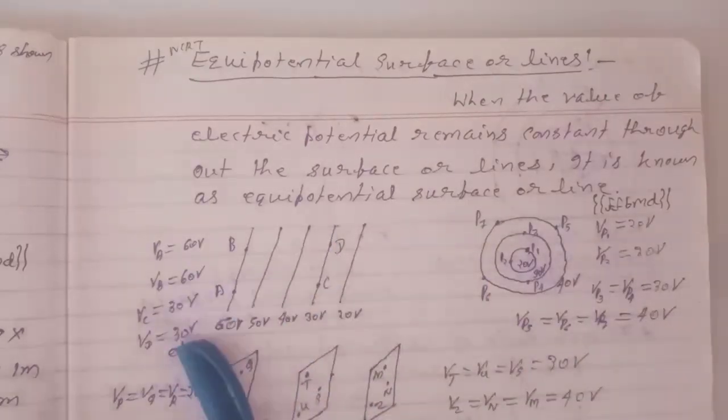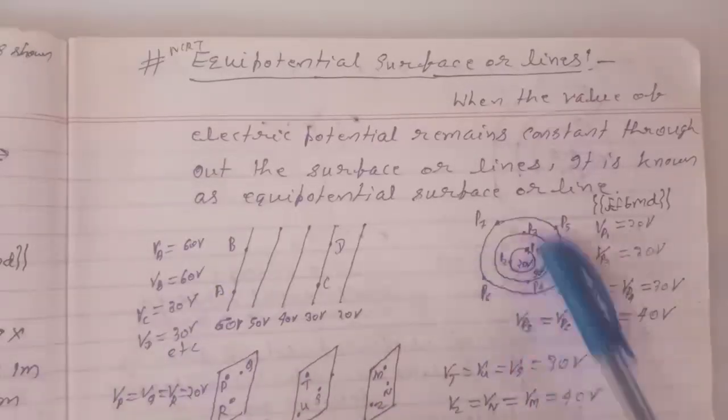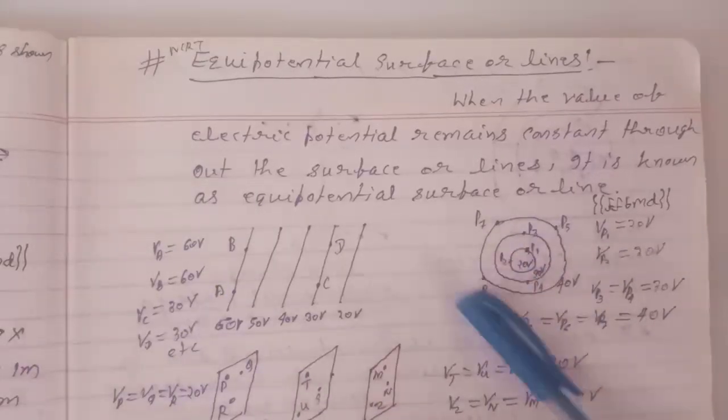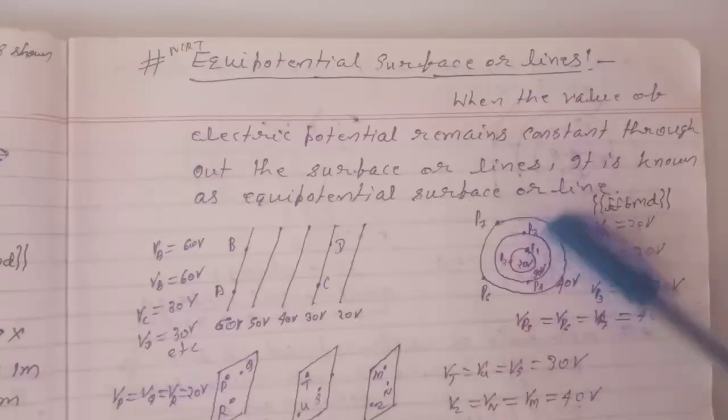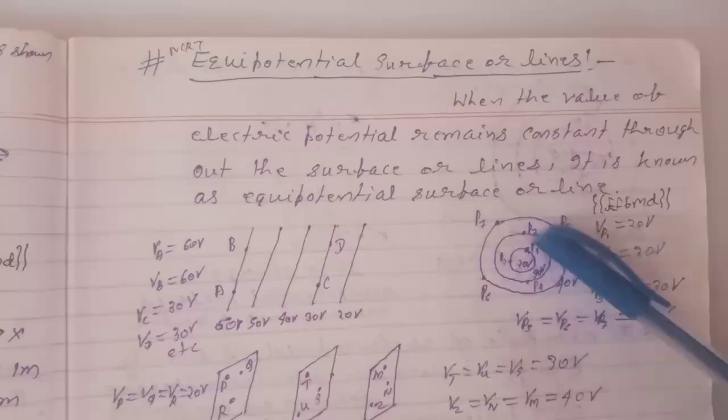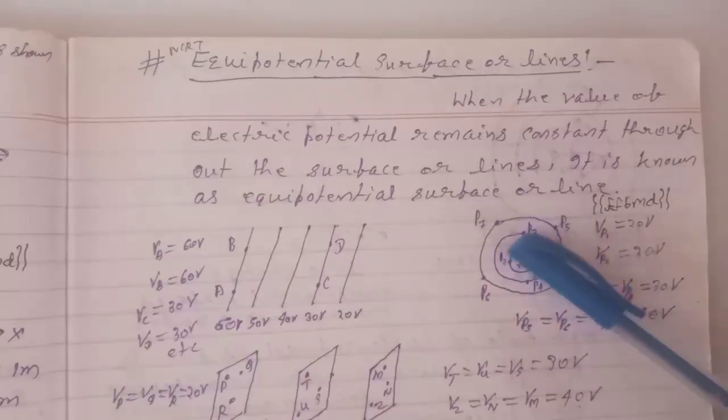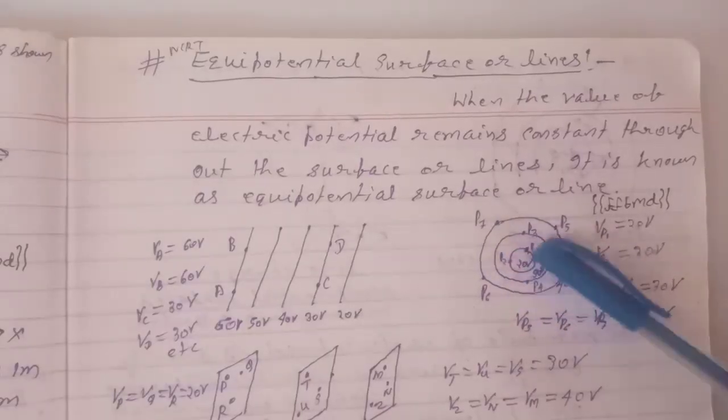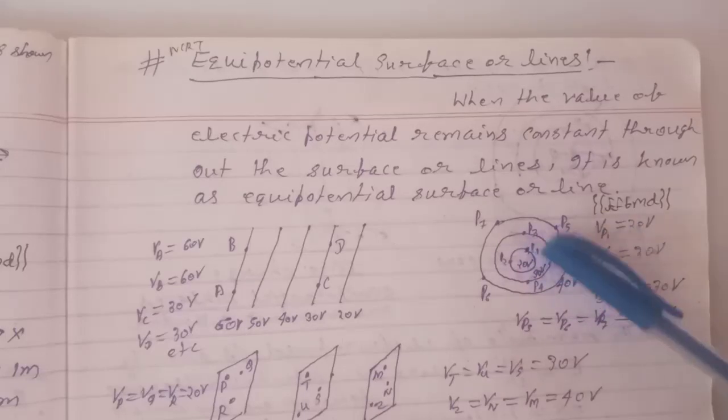Similarly, for other lines. Here it is shown an equipotential circular line or a spherical line. If we consider this circular line, on this circumference everywhere potential will be the same, that is Vp1 is equal to Vp2 equal to 20 volts.